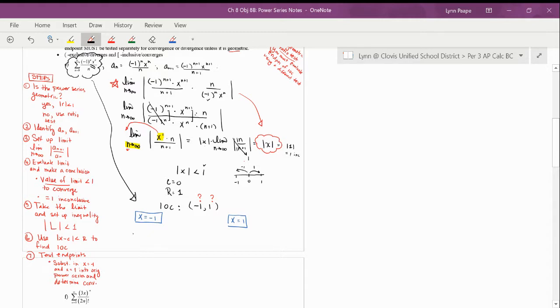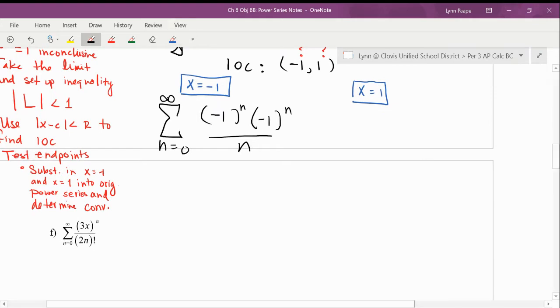So for my first one, I have negative 1 to the n, and now replace x with negative 1, also to the power of n, and then all divided by n. And then let me zoom back in a little bit.